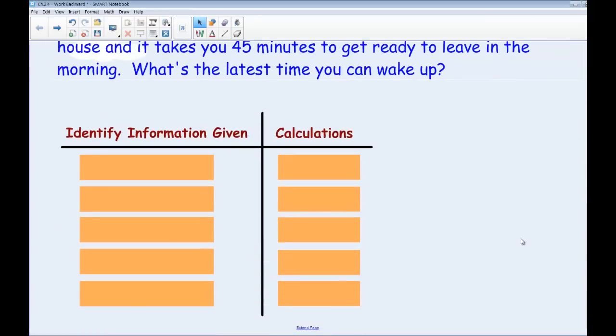I first of all set up a table for myself, identifying the information that they give you in the question, and then another column for the calculations, which is really the times that are given within the question. The time I'm going to start with is of course the interview time, which was at 1:15. From there I'm going to work backwards through the information that they give you in the question.